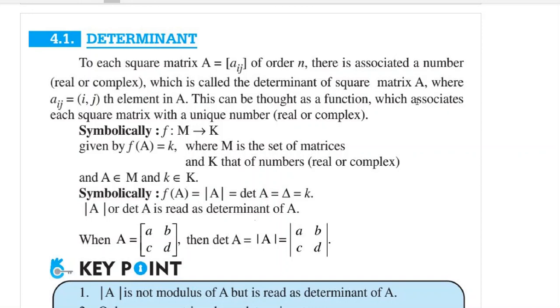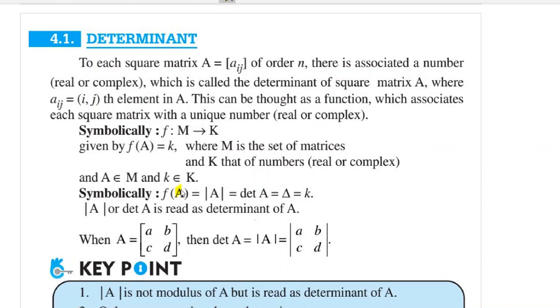Every matrix A belongs to the set of matrices, and every small number k belongs to the set of real numbers, right? So every matrix has a number associated with it, which is its determinant.